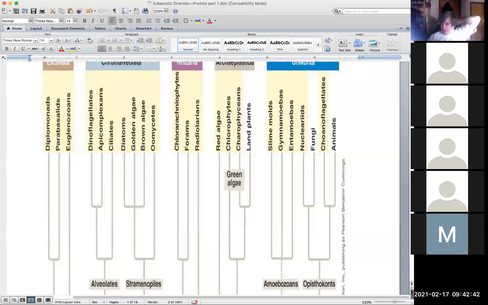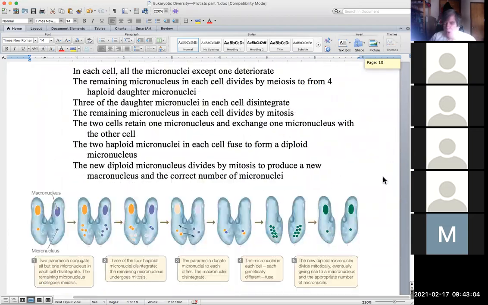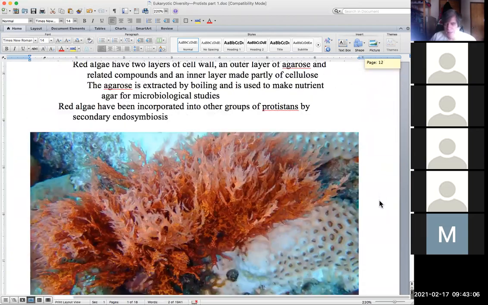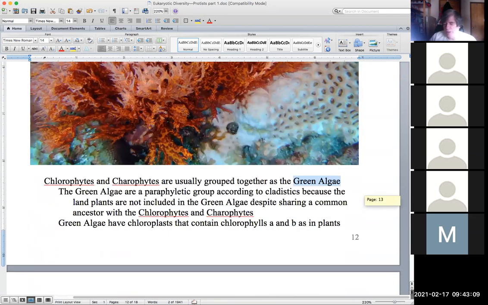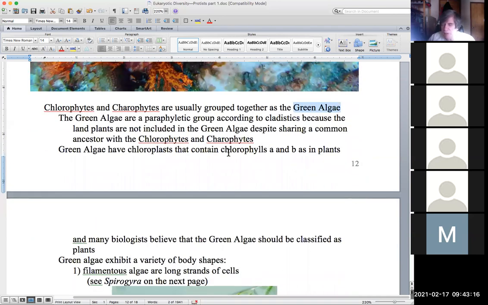So even though most biologists use cladistics to classify organisms nowadays, some of the rules are broken pretty regularly. And one of the rules that's broken pretty regularly is demonstrated by green algae, paraphyletic groups, where there's more than one common ancestor, or where we don't include all the descendants of a common ancestor. So from the point of view of cladistics, that's not a good group.